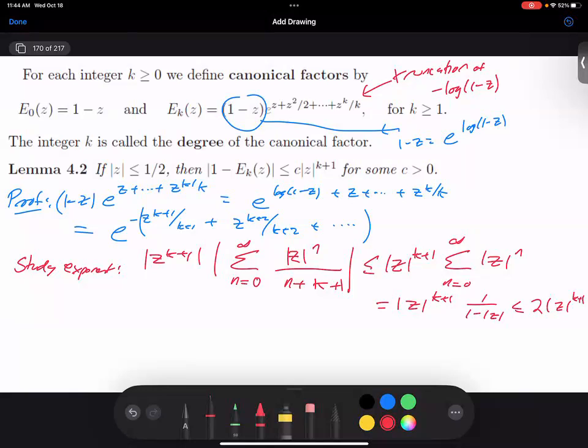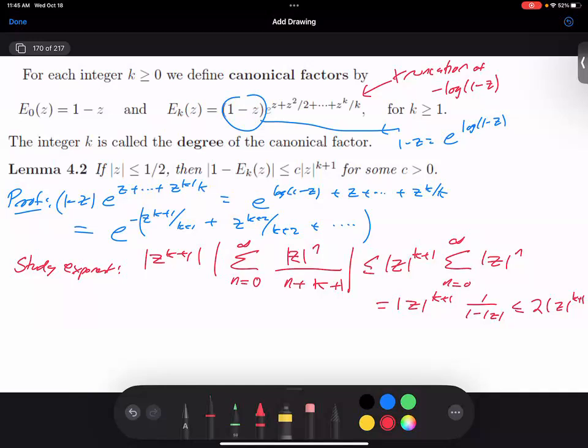So the most this could be would be when z equals 1/2. So we know that this is going to be at most 2. Right? So when we look at e to the kz, we know that this is going to be bounded by e to the 2 absolute value of z to the k plus 1.